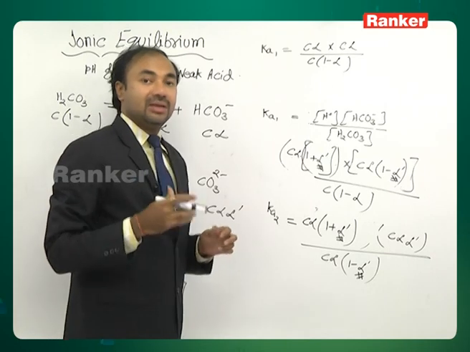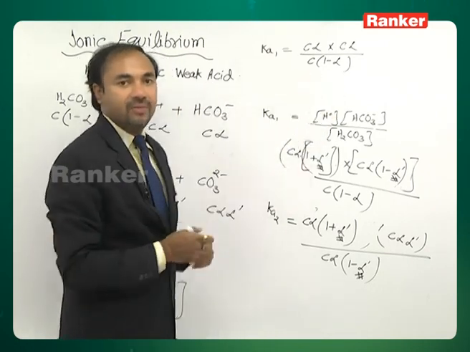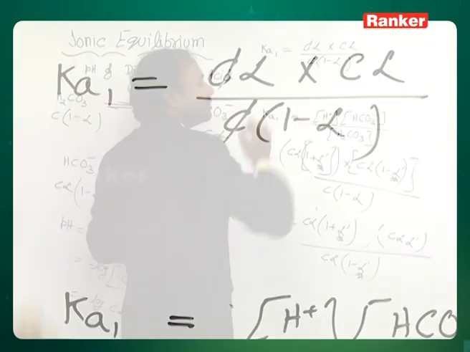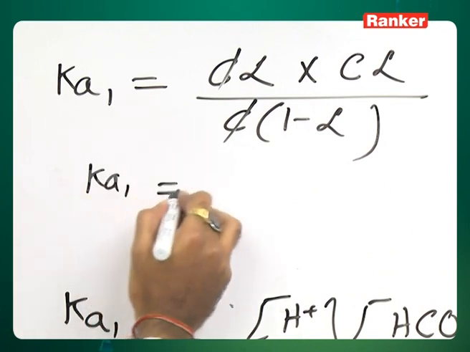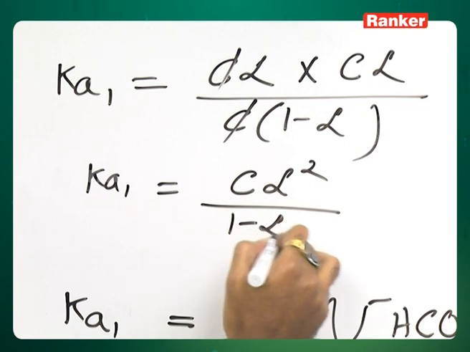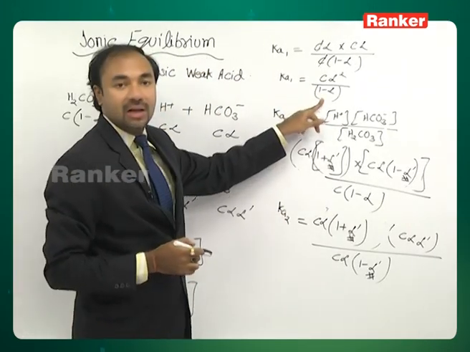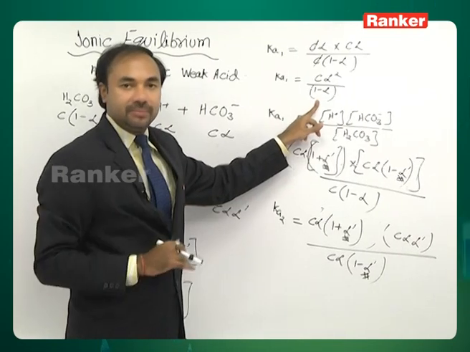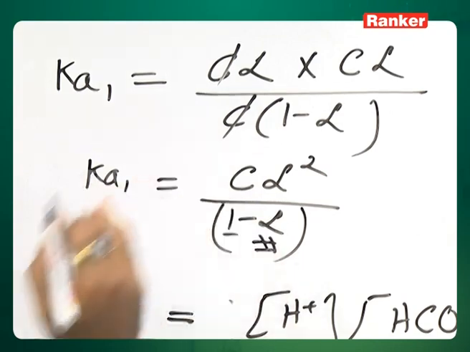If you remember, this is exactly similar to acetic acid dissociation. We cancel C here and we get Ka1 equal to C alpha square upon 1 minus alpha. Again, I take the approximation here that alpha is negligible as compared to 1.